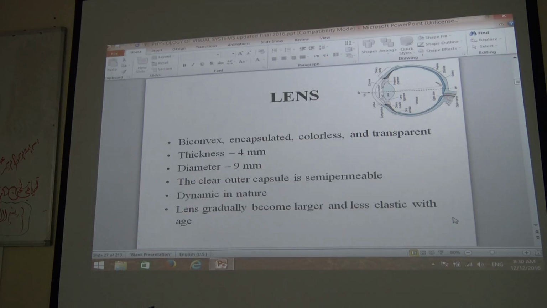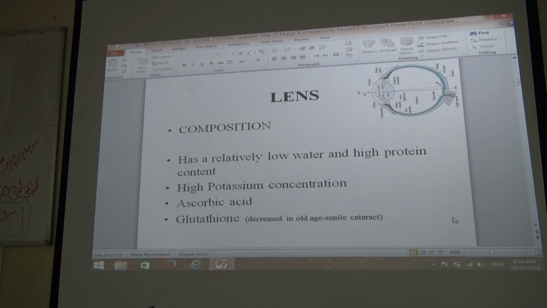Because its posterior surface faces the vitreous body, and this vitreous body is semi-solid. But the anterior surface faces the aqueous humor, so it can push the aqueous humor. So the curvature of the anterior surface of the lens is more important. The most important point here, contraction of the ciliary muscle leads to relaxation of the suspensory ligament, leading to making the lens more globular, increasing the power of the lens. Okay.